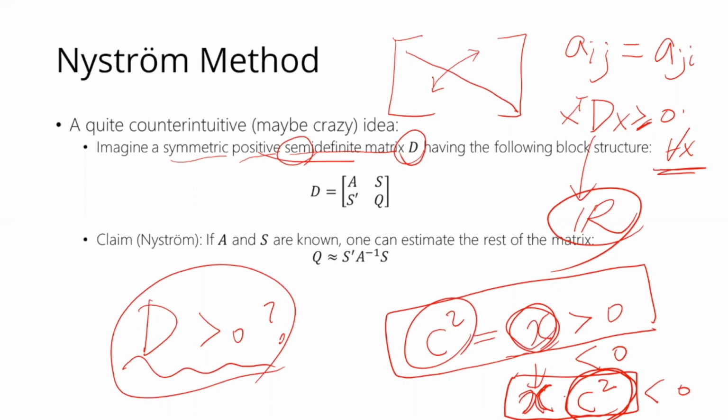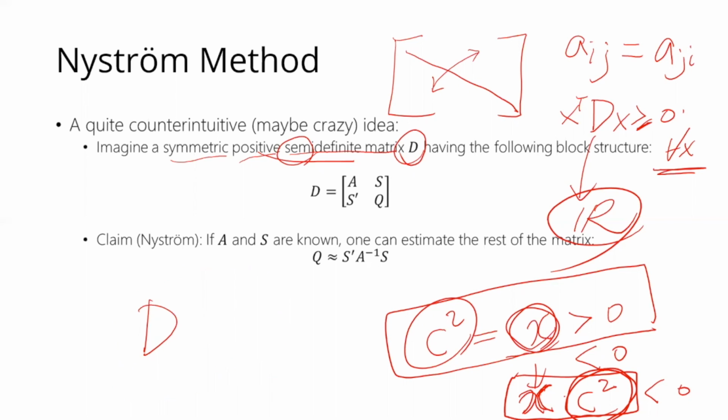The idea of multiplying a square of something is similar to the idea of this quadratic form. So instead of multiplying a square of some constant, let's consider some vector c that is multiplied to the matrix like this. Now, if this matrix D is positive, then you want this value to be positive.